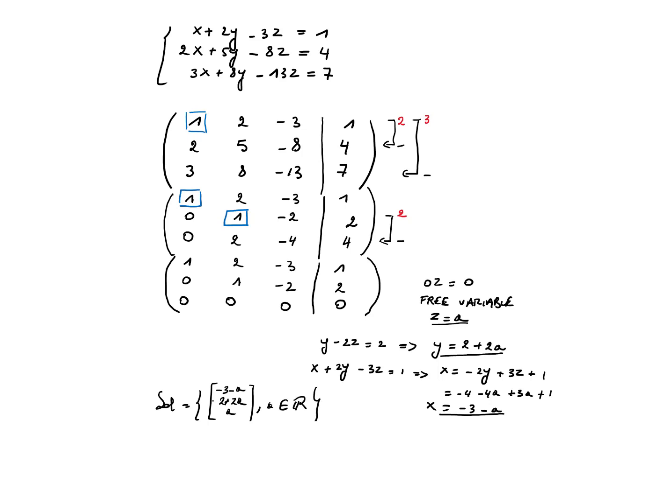So clearly here we have an infinite number of solutions. So we have had two types of exercises. The one in the slide with a unique solution, the previous exercise with no solution, and here you have an infinite number of solutions.